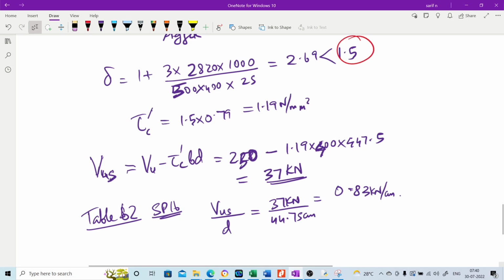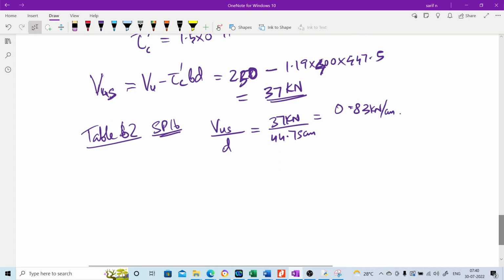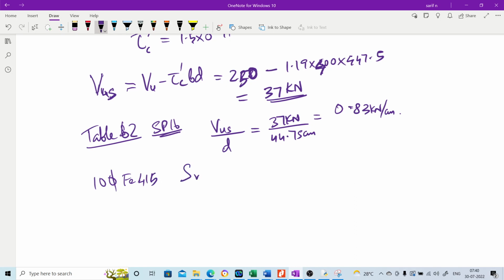Let us assume 10 mm stirrups, FE415 stirrups if we are assuming. So the spacing that is required here will be very large. We are getting some 450 mm as the spacing that is required. And you know the spacing is extremely large and this cannot be provided. So the spacing as per shear reinforcement is only very nominal. Nominal reinforcement is only required.